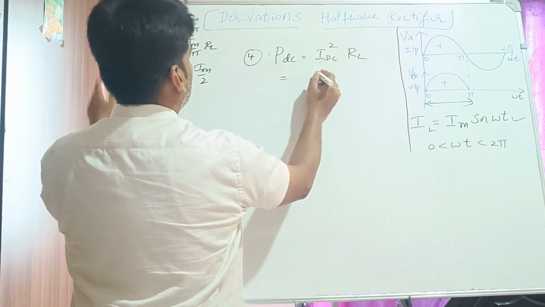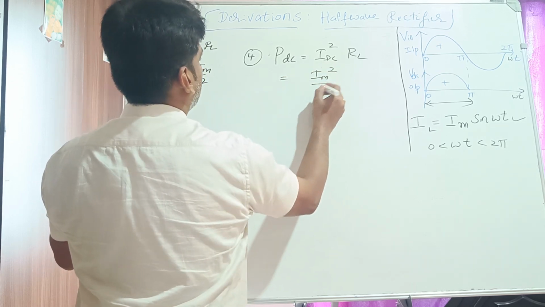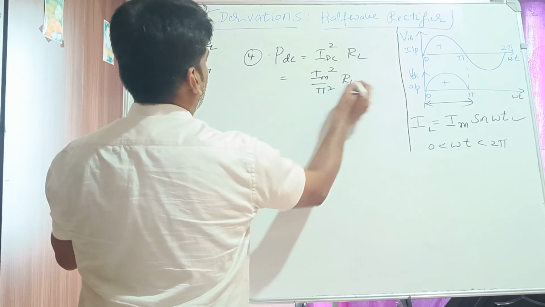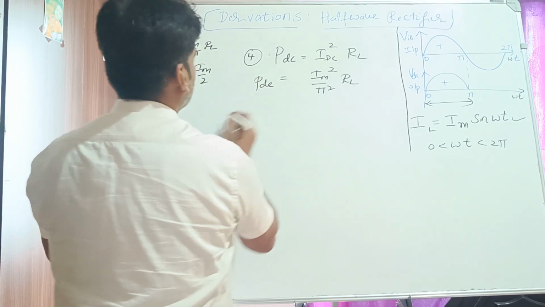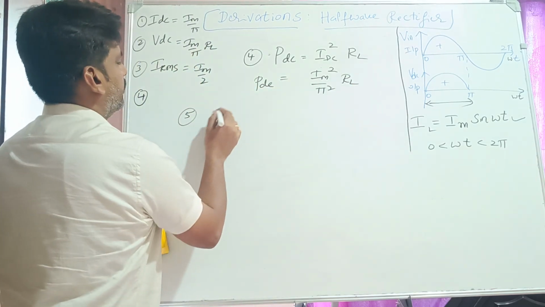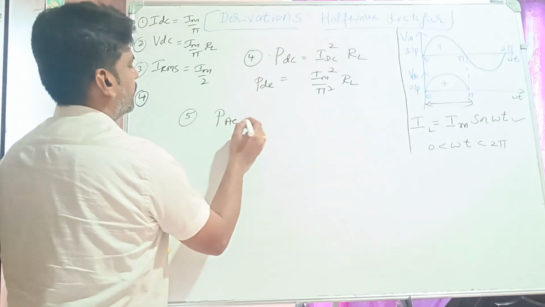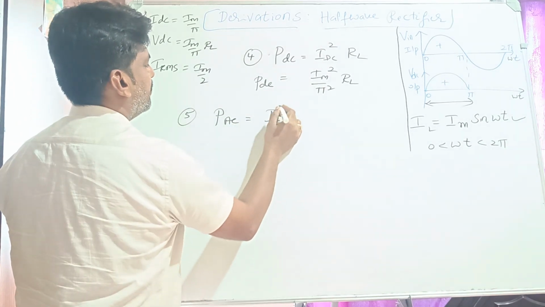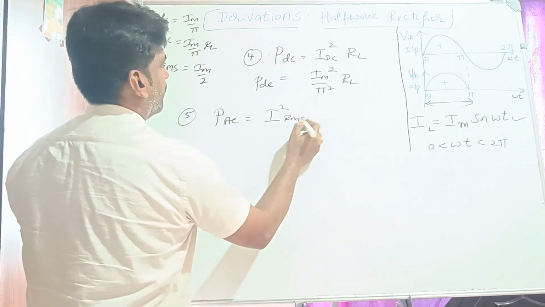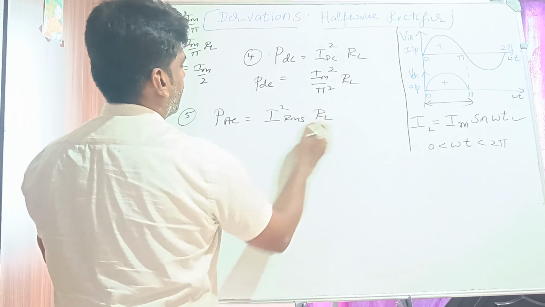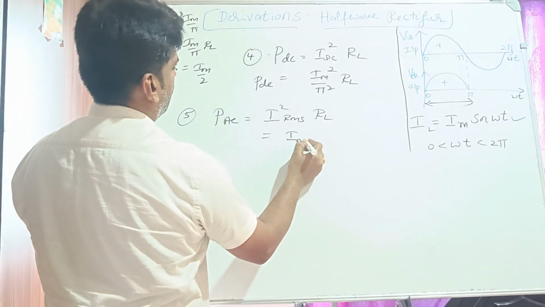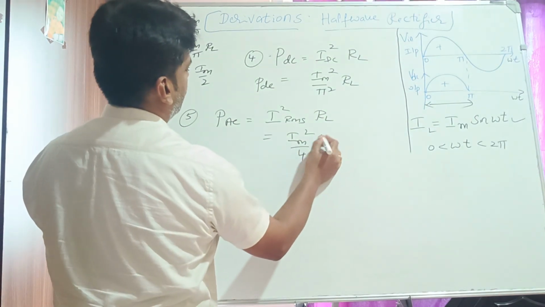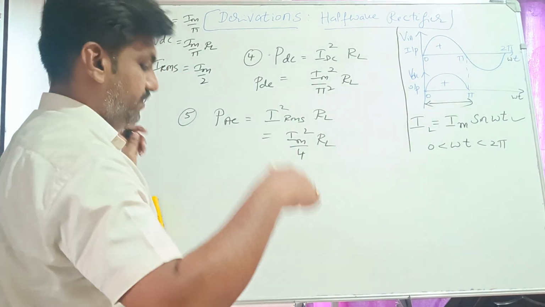What is IDC? IDC is Im square divided by pi square into RL. So it is PDC, right? Fifth one, PAC we should write. PAC means it is I RMS square, I square RMS, right, into RL. What is I square RMS? So it is Im square by 4 into RL. So this is PAC, right?